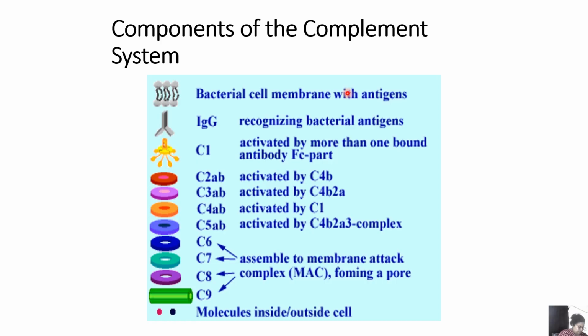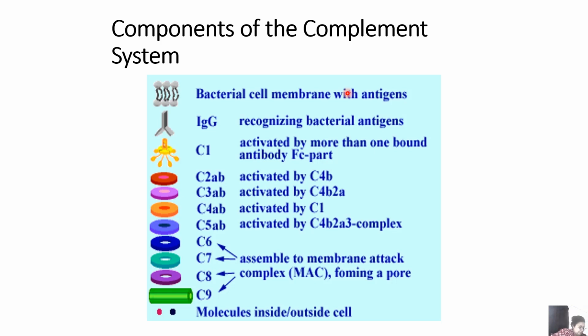As I said, the first step is C1 activation. C1 is a complex of C1q, C1r and C1s. C1q binds to the Fc region of antibody attached to the antigen, and IgM is better because one IgM molecule can activate C1. IgG needs two molecules close together.